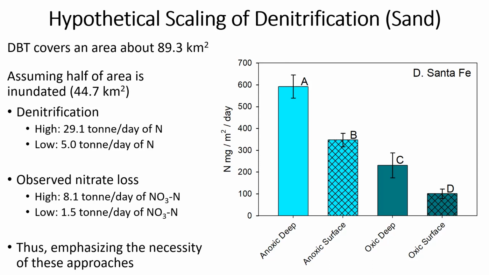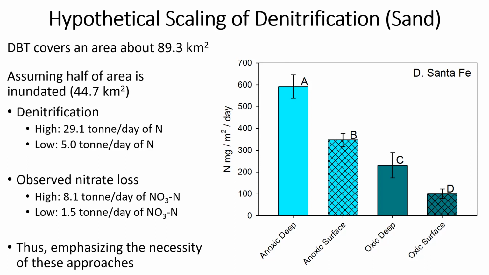If we used or observed rates of nitrate loss, we could assume a removal of 8.1 tons per day of nitrate under those same anoxic conditions, whereas under oxic conditions, a mere 1.5 tons of nitrate removed. Thus emphasizing the necessity of these approaches if we're going to fully bound denitrification or observe nitrate loss in a natural setting.